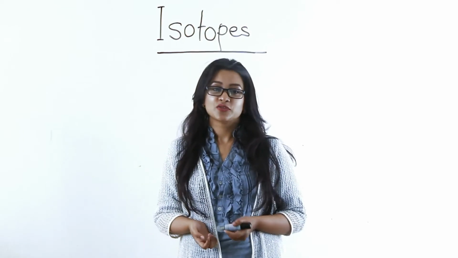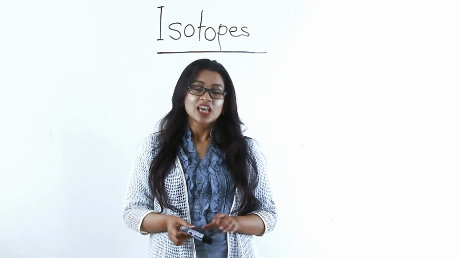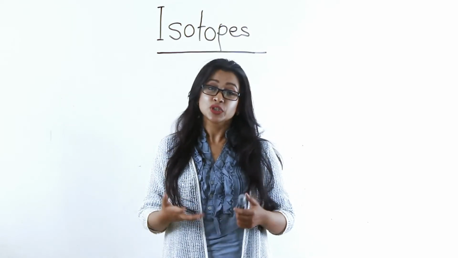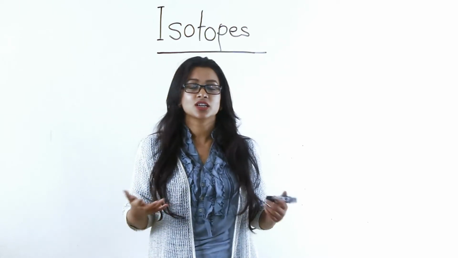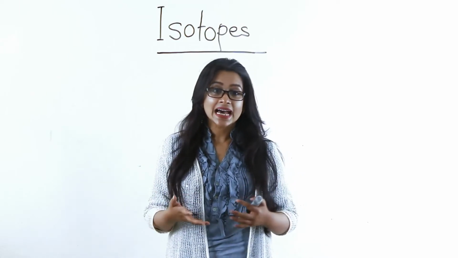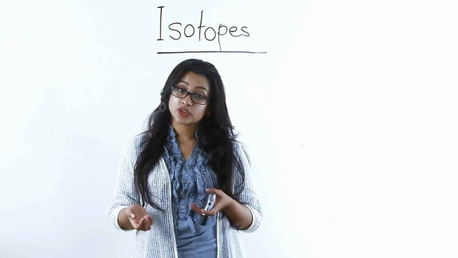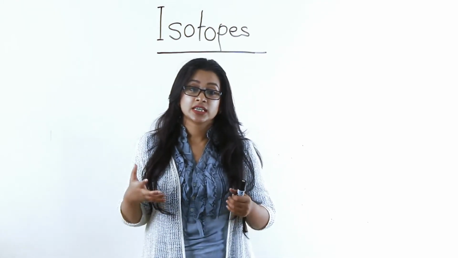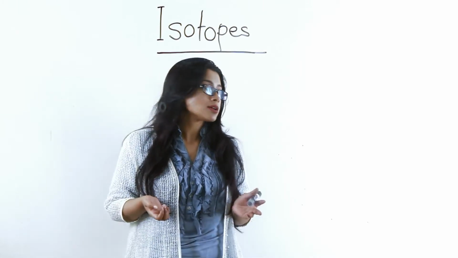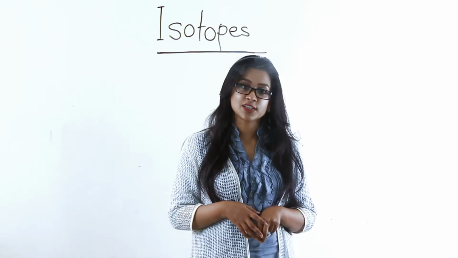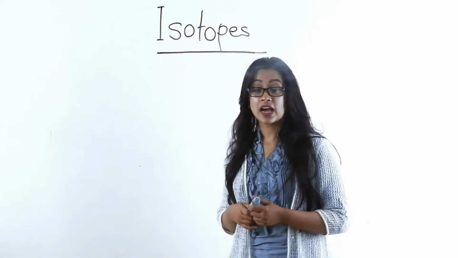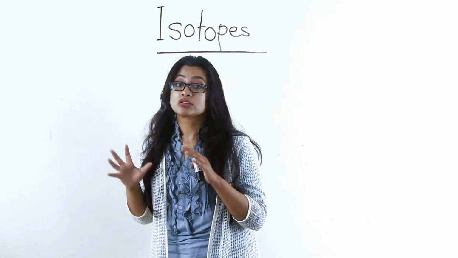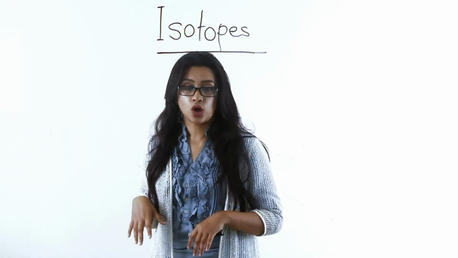Some other uses of radioactive isotopes: in their nuclear reaction they produce a large amount of heat energy, and that can be used to provide electrical energy. Now, that amount of electrical energy is always useful, so a small amount of radioactive isotope can be used to provide electrical energy to the most remote places of Earth.